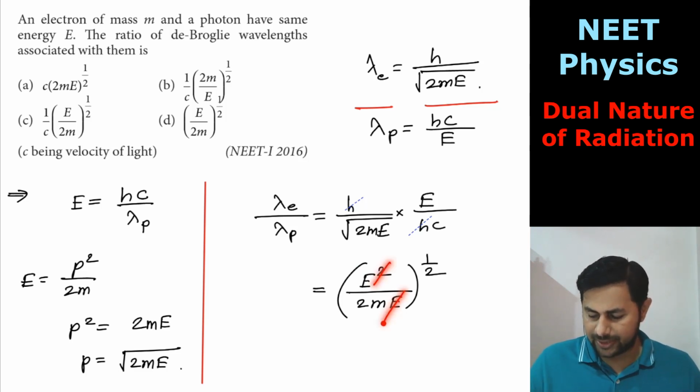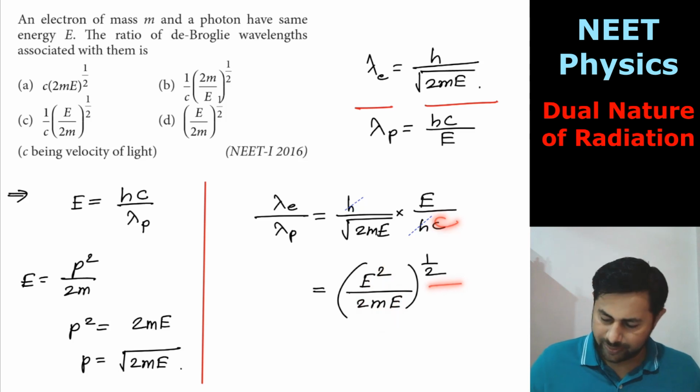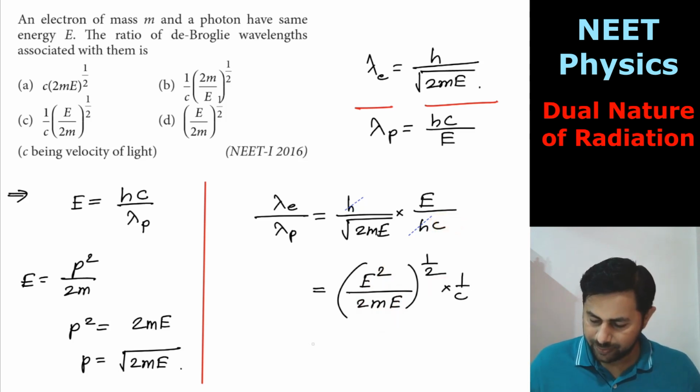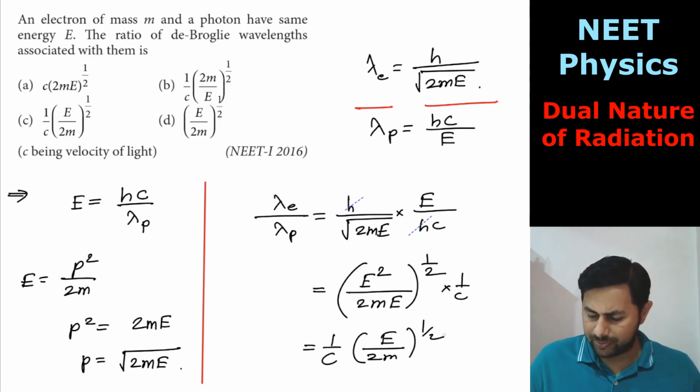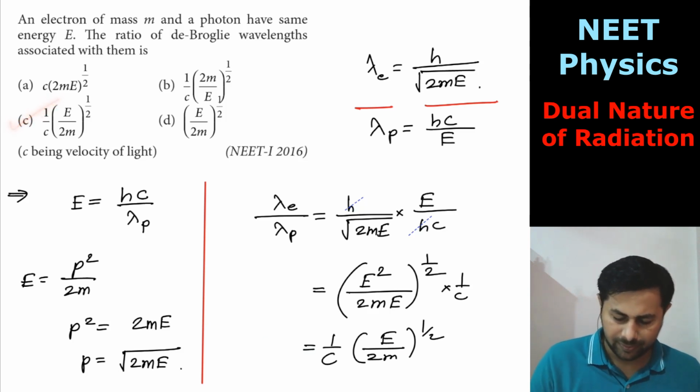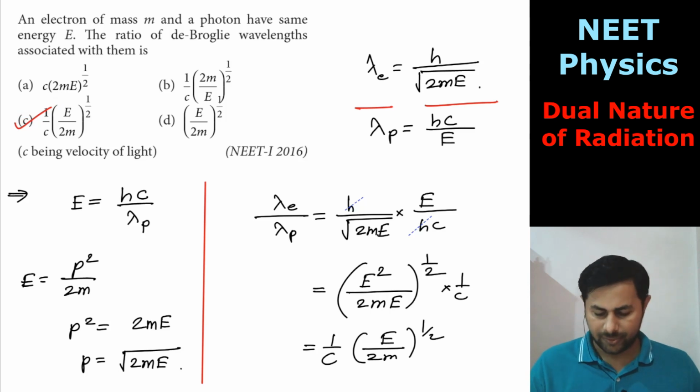Then this thing gets cancelled out, so you have E by 2m raised to half, and there is c in the denominator, so 1 by c times E by 2m raised to half. Okay, so that is option C, right?